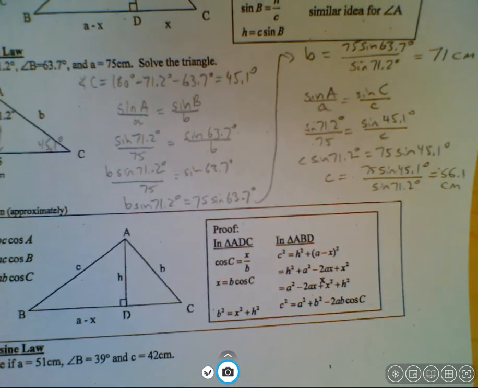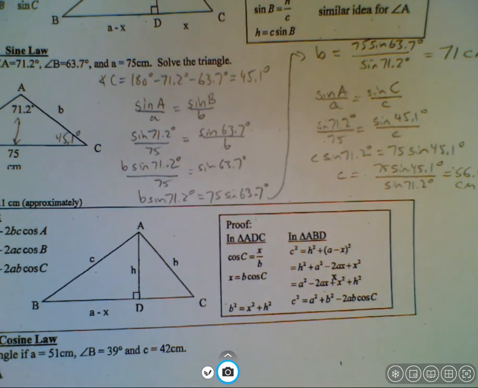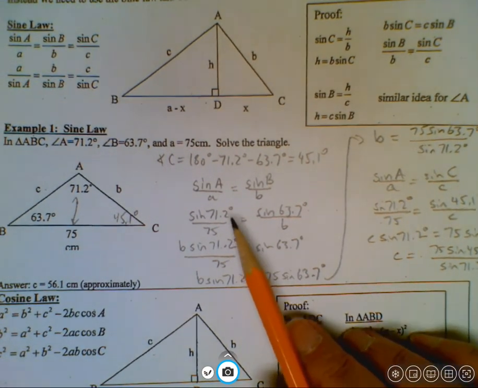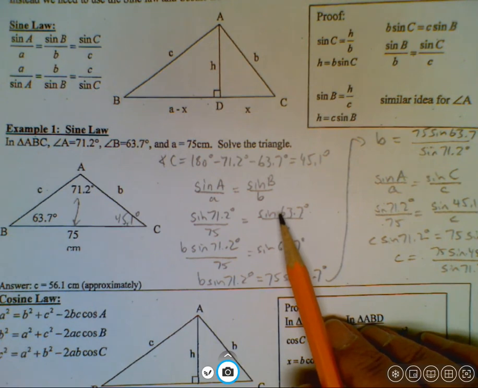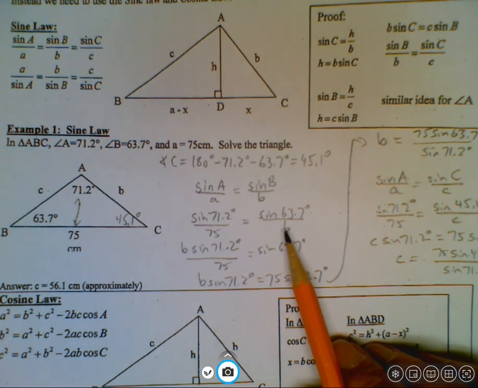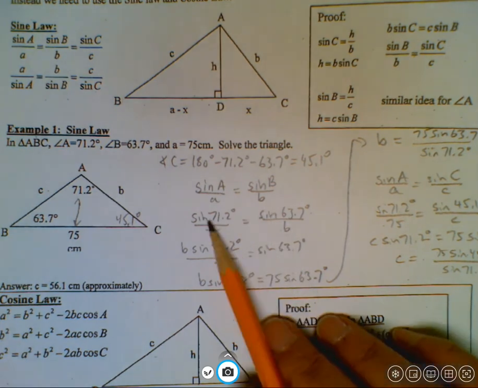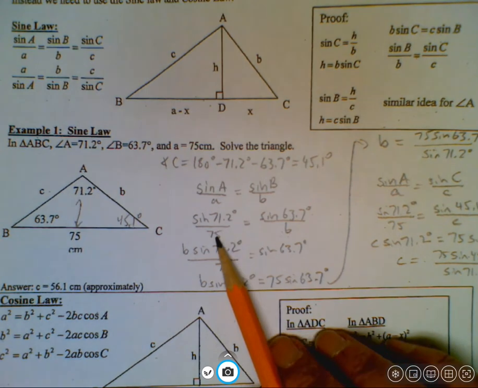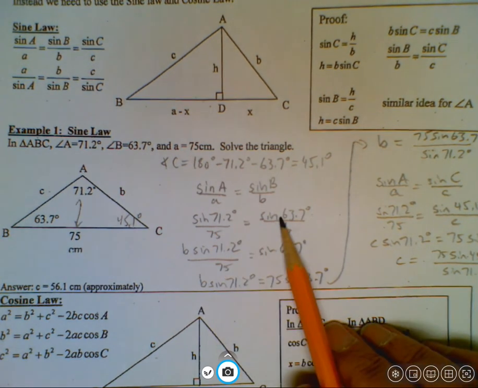And the last thing to remind you of, or to teach you for the first time, whatever the case may be, is when you look at the sine law and you're putting in all these numbers, there's one unknown, but the other three are there, right? You can only solve this equation for b if you have all three numbers.